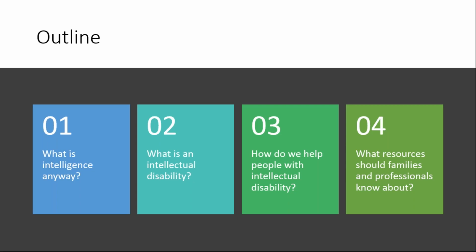We're going to walk through how it's defined and also how it's typically diagnosed, including talking about what a psychological evaluation will look like. We're also going to talk about how can we help people with intellectual disabilities, thinking about intervention and other strategies that are important for families, teachers, or other providers working with individuals with an intellectual disability.